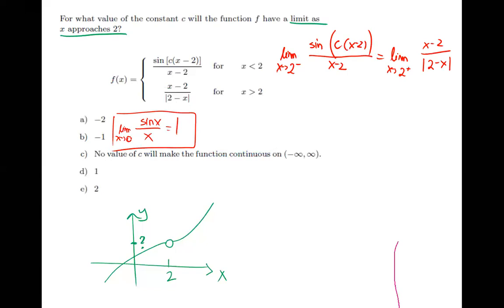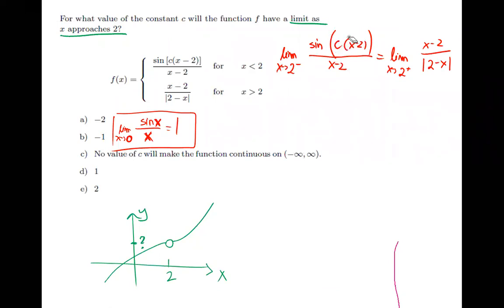This doesn't mean that x must be 0. The whole quantity inside the sine must go to 0. My limit is as x approaches 2. If I substitute 2 for x, I will have 2 minus 2, 0, and 2 minus 2. But I also have a coefficient c, so I have c times (x minus 2), which of course gives me 0.